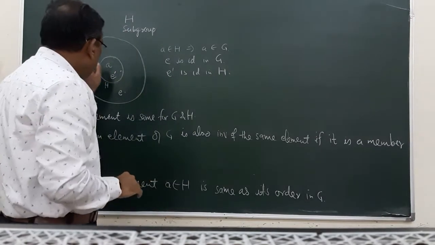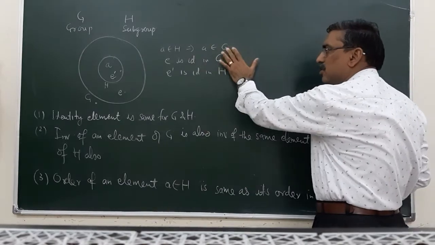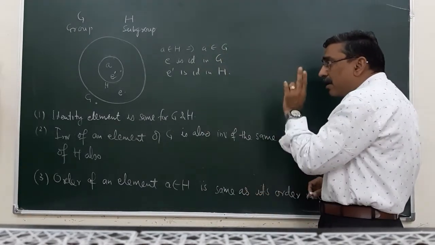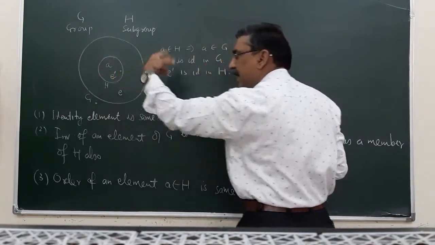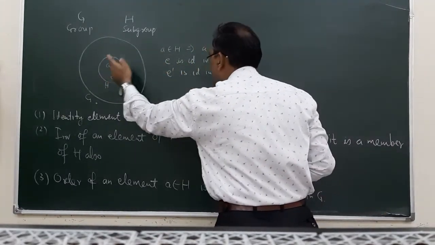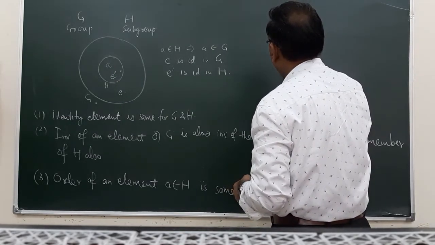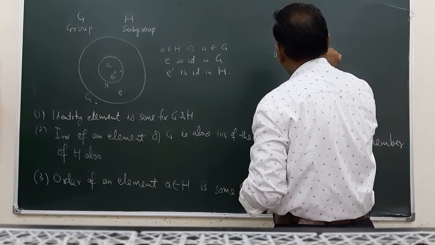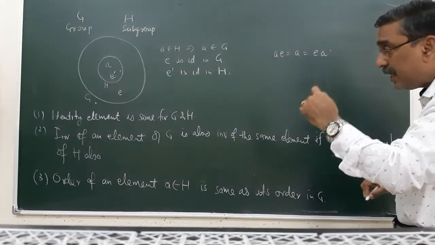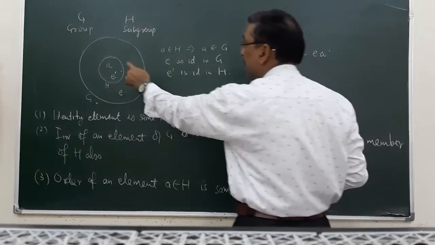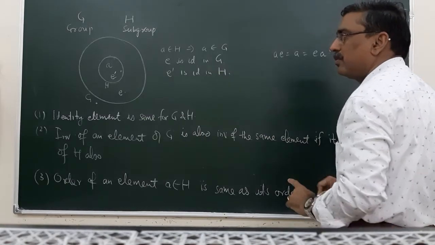Now let us take this element A belongs to H, means A belongs to G. Now if A belongs to G, then from the definition of identity, we know AE is equal to A is equal to EA. E is the identity of G and A is the element of G, therefore this holds good.